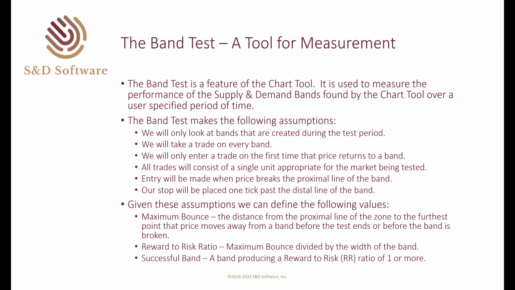Now, the backtesting process, again, was targeted at a trading system. However, if we make a few simple assumptions, we can easily apply that to measure the performance of the supply and demand bands themselves. And we're going to be looking at measuring the performance of the supply and demand bands as directly as we can.